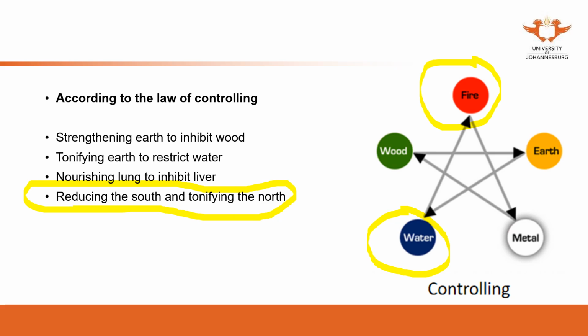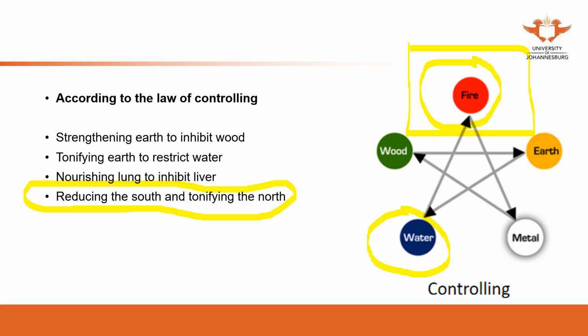In this situation, the patient suffers from liver insufficiency. The patient is lacking water, lacking kidney yin because of the excess fire. In this situation, we need to reduce the fire, reduce the heat in the body, then you can restore the water in the body.